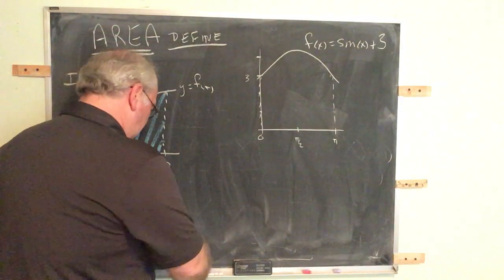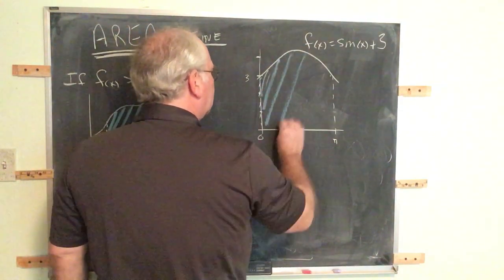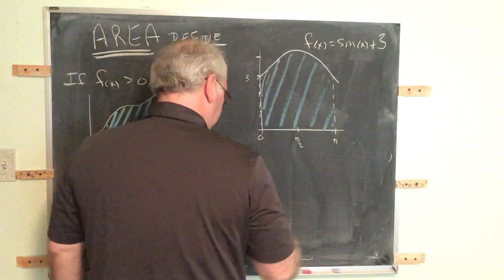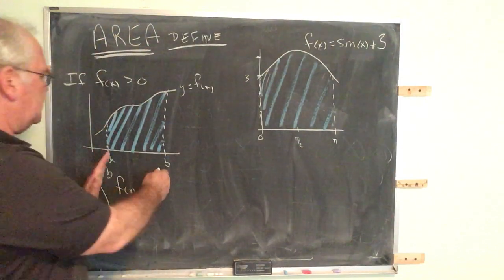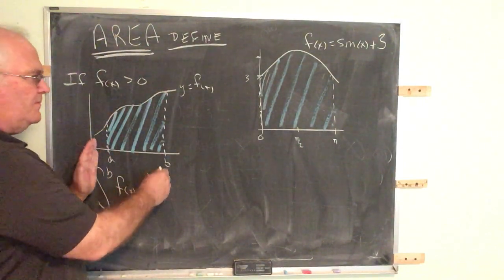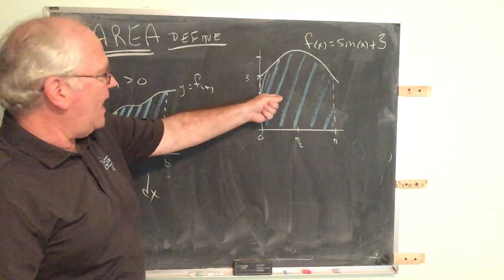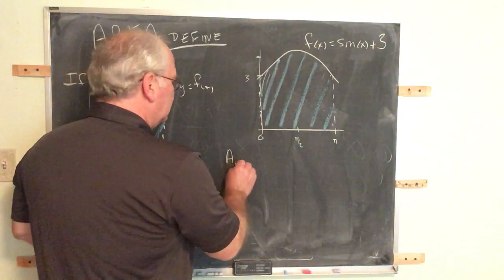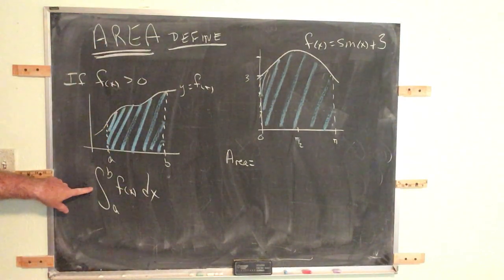And let's suppose our desire is to find the area of that region that's above the x-axis, between the two vertical lines determined by a and b, and beneath the curve. Well, as soon as we say the area, then we know what area is. Area is equal to this definite integral.